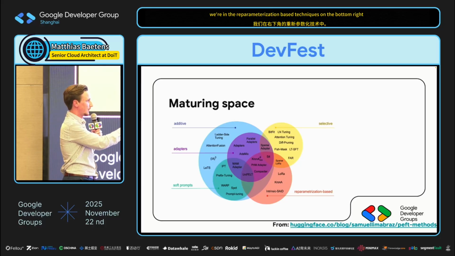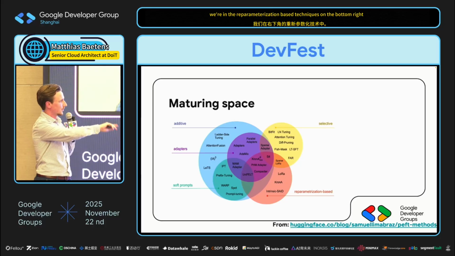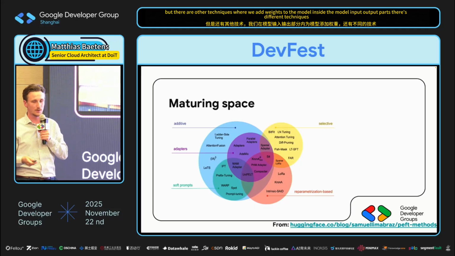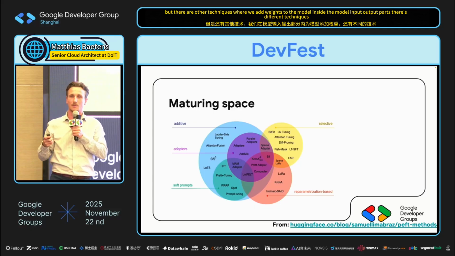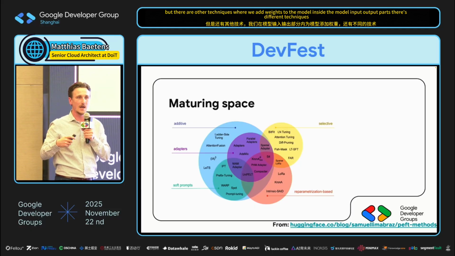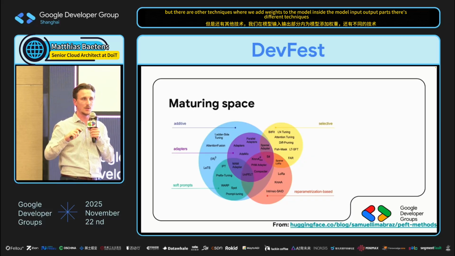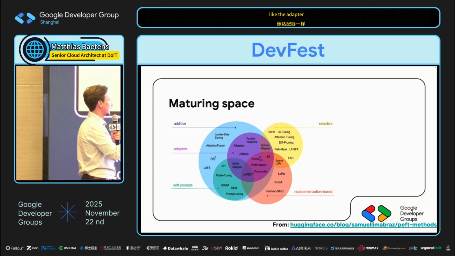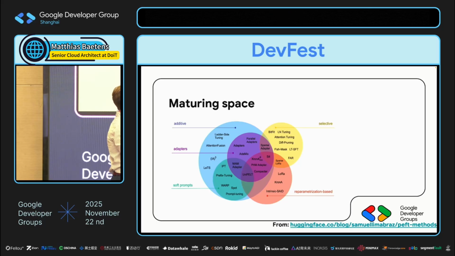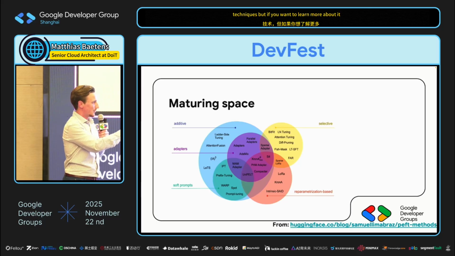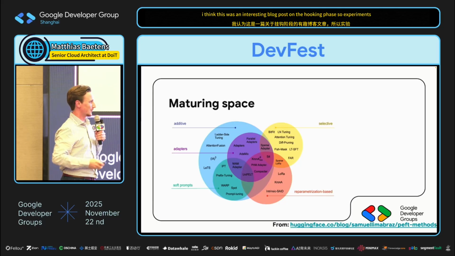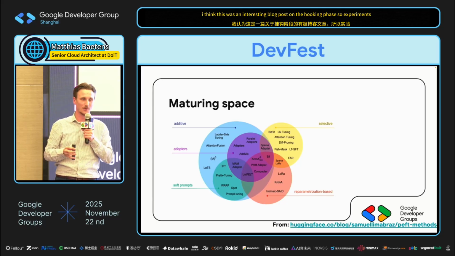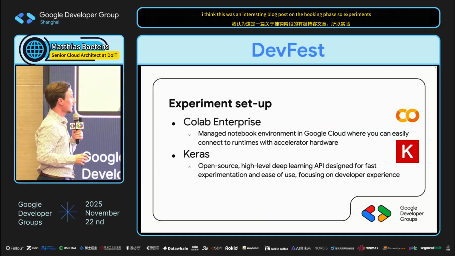With LoRA, we're in the reparameterization-based techniques on the bottom right, but there are other techniques where we add weights to the model, inside the model or at the input-output parts, like the adapter techniques. If you want to learn more about it, this was an interesting blog post on Hugging Face.